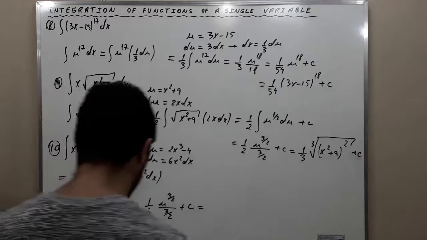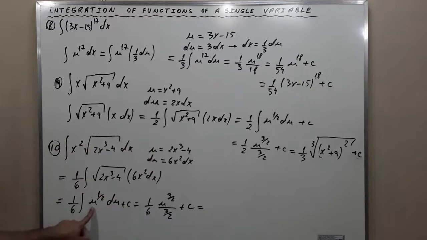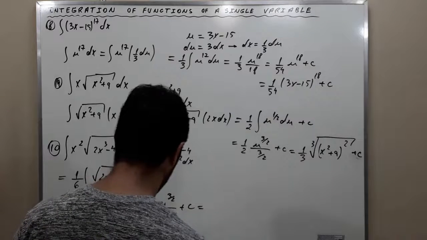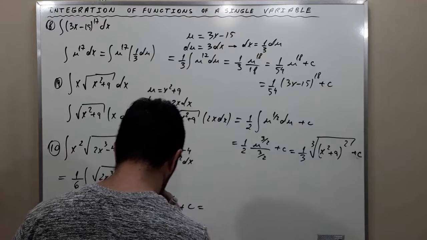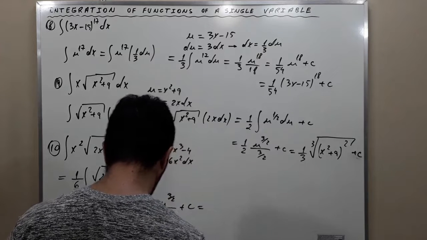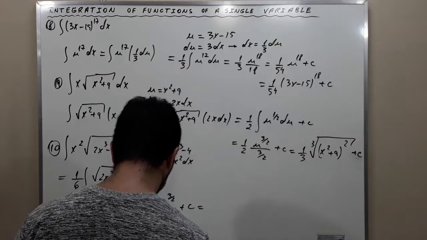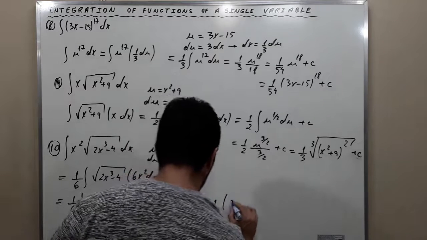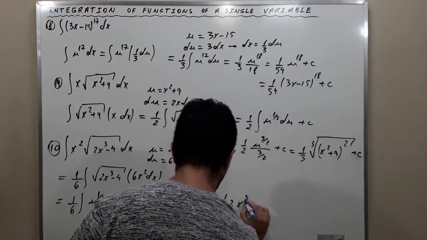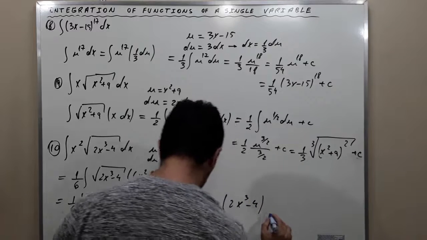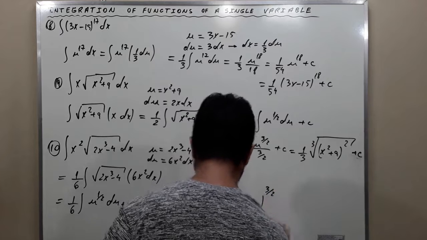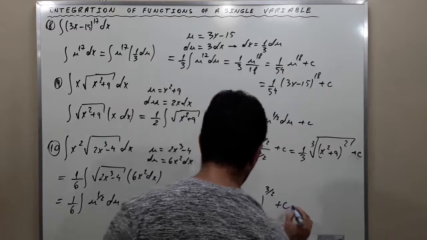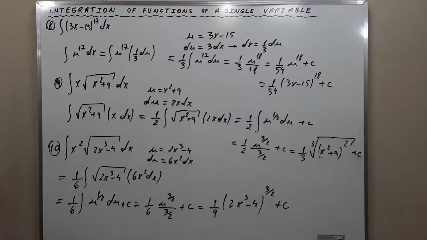And substituting back, we get that this integral is going to be 1 over 9 times 2x cubed minus 4 raised to the power of 3/2 plus c. And this is the result of exercise 10.